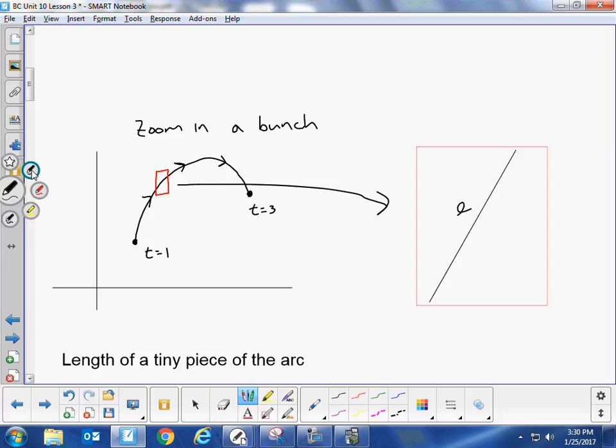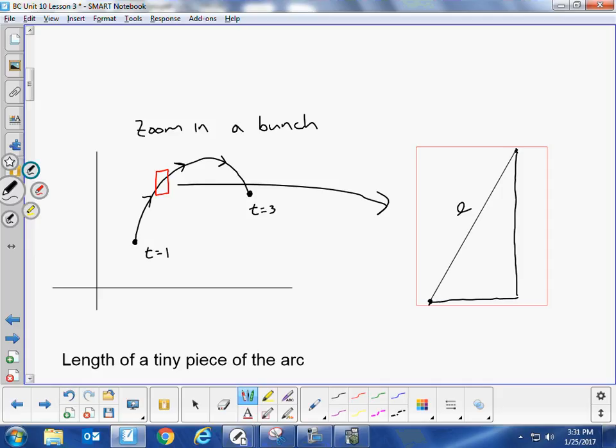Well, I will pretty much know where this point is and where that point is. And I'll know this length, and I know this length. So what are we thinking?